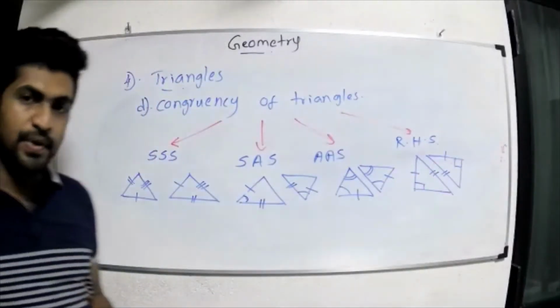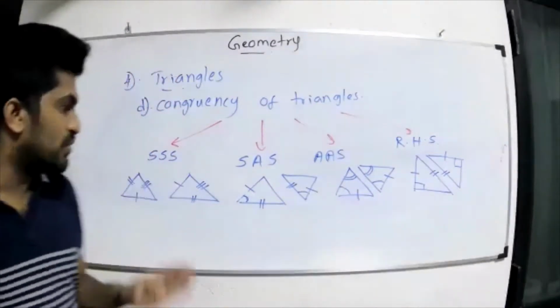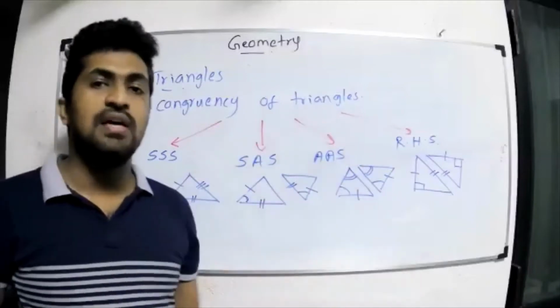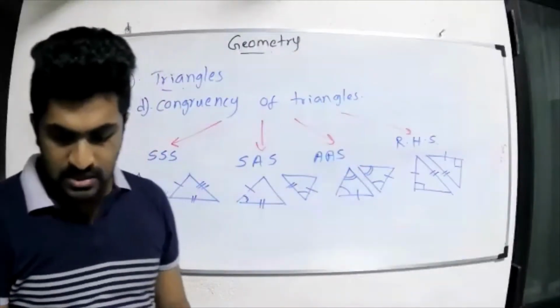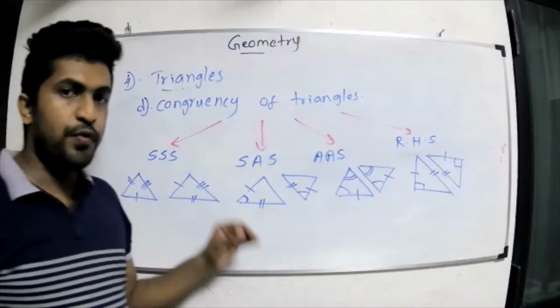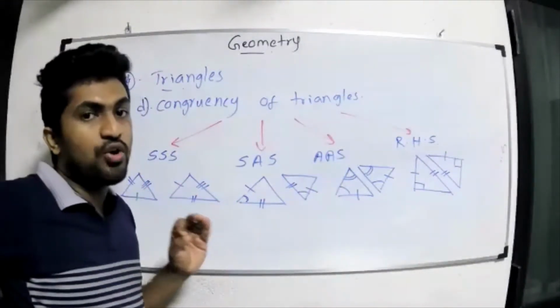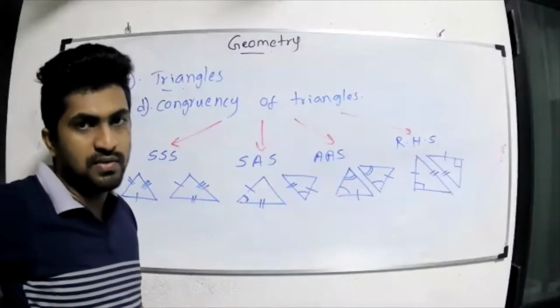Hypotenuse, side. So those are the 4 methods of proving that triangles are congruent. If you can prove that two triangles are congruent, then you can say their corresponding elements are equal.